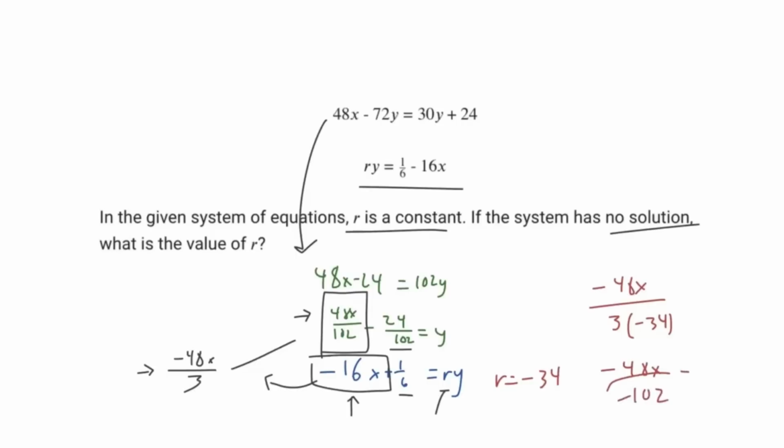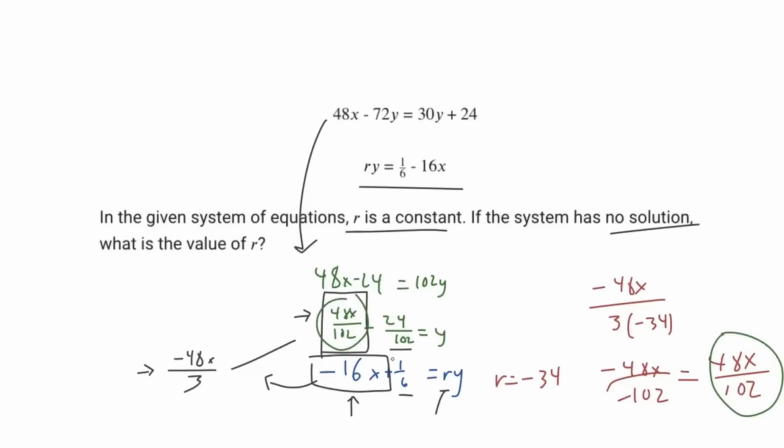Negative 48x over negative 102, like we said before, is the same thing as just 48x over 102. So we can see now that these slopes do line up, right? 48x over 102, 48x over 102. It's kind of messy, but you get the idea.